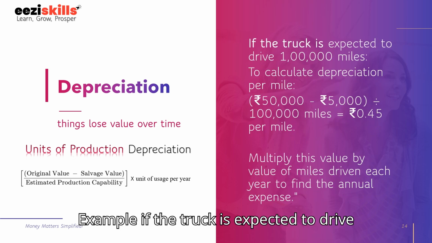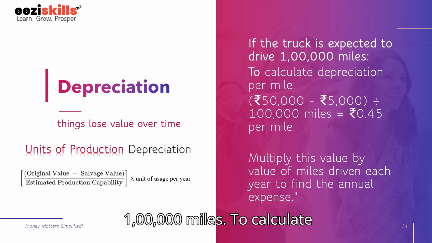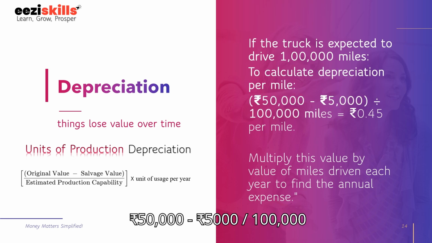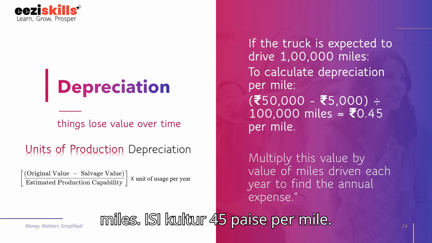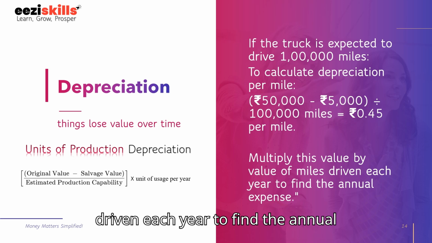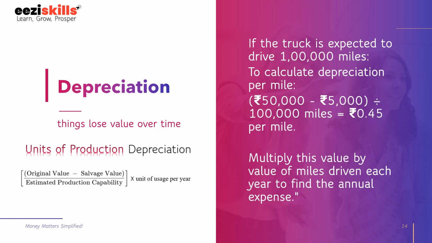Example, if the truck is expected to drive 1 lakh miles. To calculate depreciation per mile, 50,000 rupees minus 5,000 rupees divided by 100,000 miles is equal to 45 paise per mile. Multiply this value by the miles driven each year to find the annual expense.